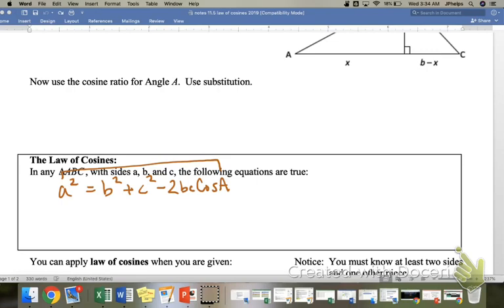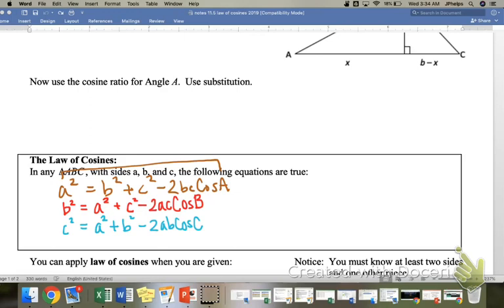If you're solving for side B or angle B, then it's going to be written in the form of b squared equals a squared plus c squared minus 2ac cosine of angle B. And the third way that we can rewrite this is in terms of c. So that's c squared equals a squared plus b squared minus 2ab cosine of angle C. And again, this is where the law of cosines comes from.